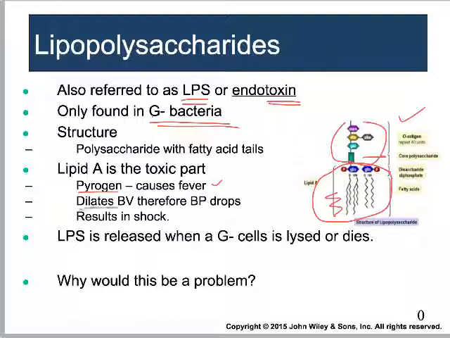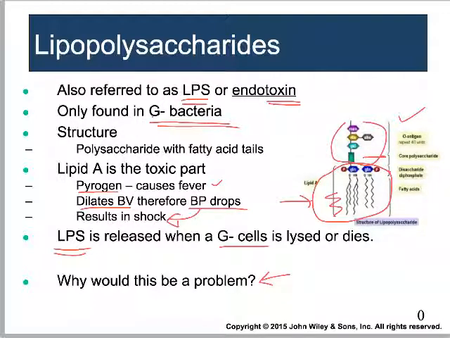It causes your blood vessels to dilate. When your blood vessels dilate and get big, your blood pressure will go down, and that'll result in shock. That's not good if your blood pressure crashes. The only time lipopolysaccharide is released is if gram-negative cells are broken apart. If the cells are lysed or die, they break apart, this is released, and it can cause a problem if somebody has a gram-negative infection.